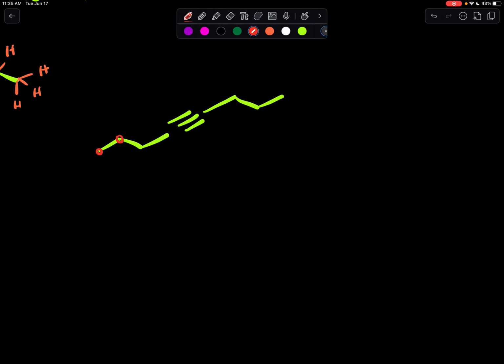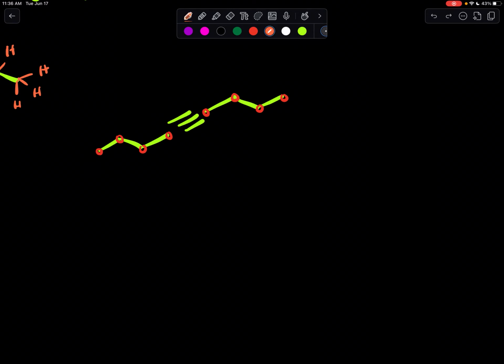Carbon, carbon, carbon, carbon, and the carbon, carbon, carbon, carbon. All right, those are the carbons. What you want to look at is the carbon here at the ends. They're going to need 3 more bonds.